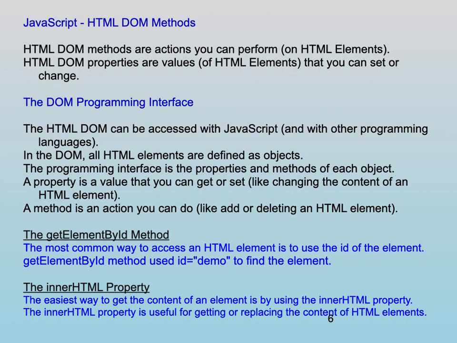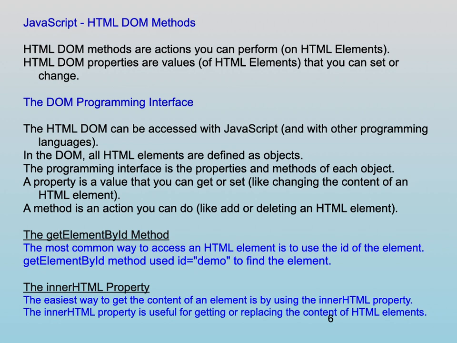So getElementById is the method name. Suppose any element has an ID value set to demo, then getElementById in brackets demo will identify that particular element.